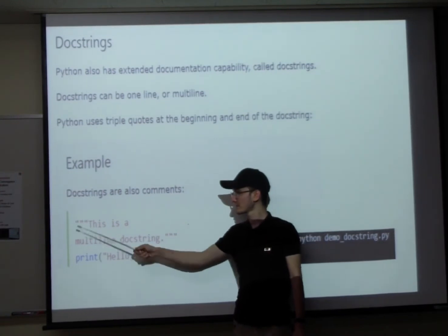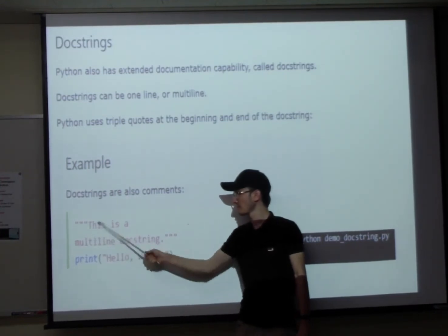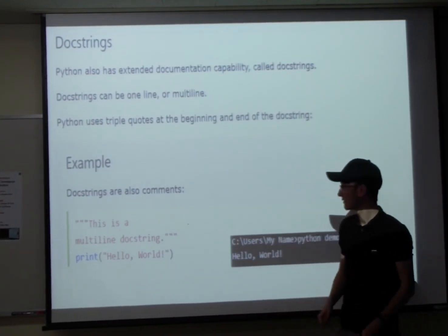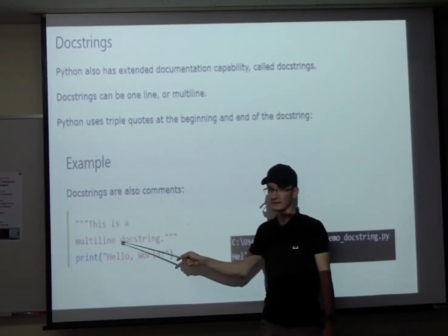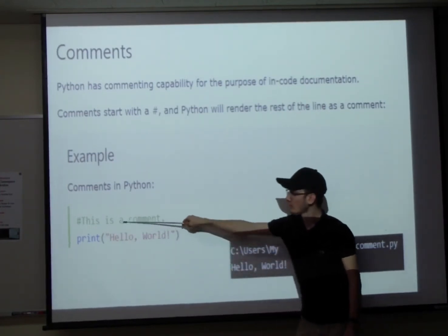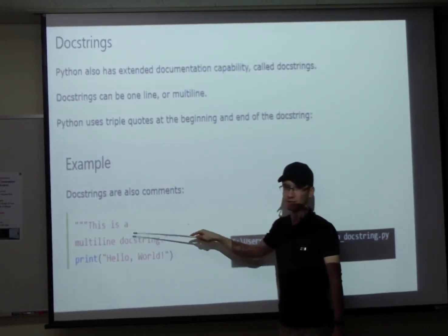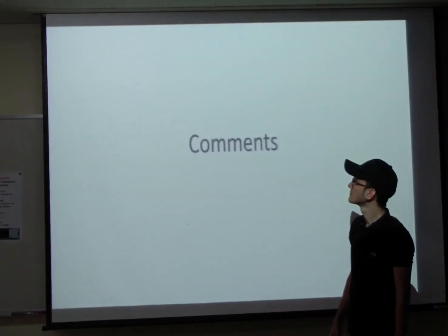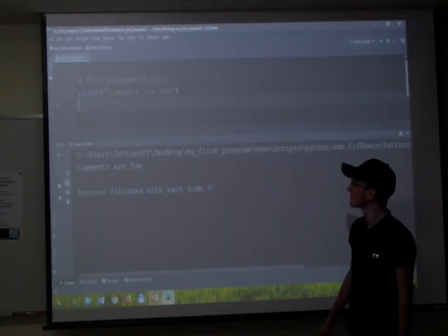But for this, you should put 3 quotation marks instead of this kind of thing. They are the same, they are comments. But with this one, you can write only one line, and with this, multiple lines.